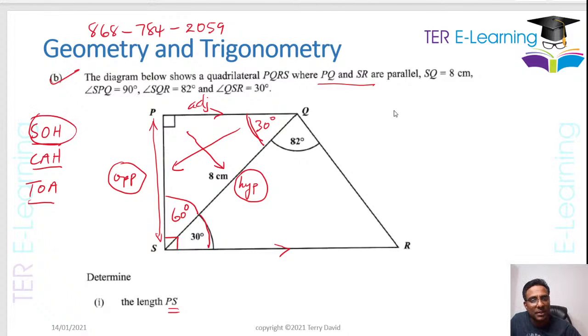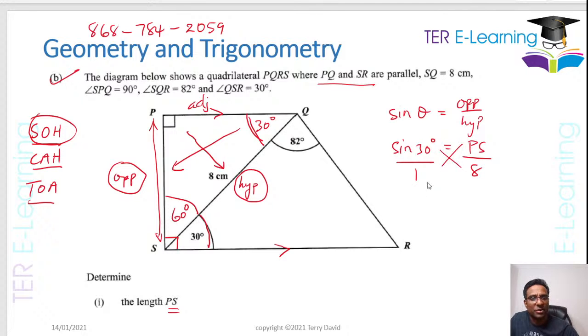So let's write that out. First thing we say: sine theta is opposite over hypotenuse. So sine 30 degrees is equal to my opposite, which we don't know, which is PS, divided by my hypotenuse, which is 8. I'm going to put the sine 30 over 1, and cross multiply.